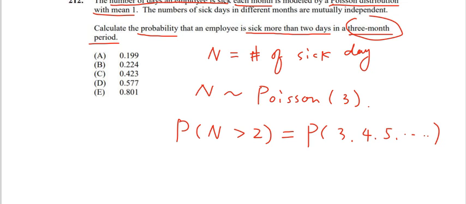So for this one we should use 1 minus P of n equals 0, 1, 2.